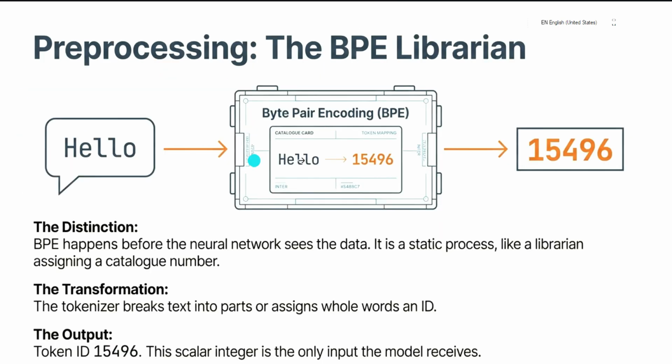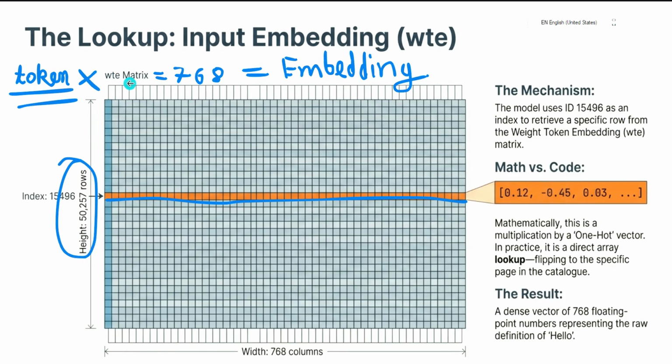We multiply this token with the weight embedding matrix, which has 768 embedding dimensions. So there are 768 weights inside the weight embedding matrix, and when we multiply this token with it, we get an embedding.